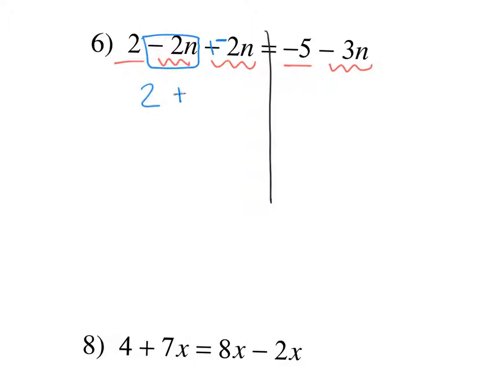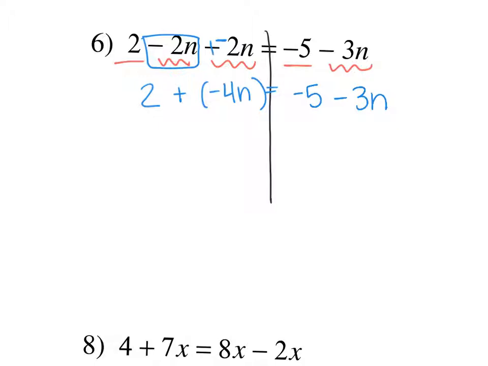So I'm going to put plus in parentheses -4n. You could also just put 2 minus 4n, whichever works for you. Then on the right-hand side, there's no like terms to be combined. So I'm going to just carry that down.